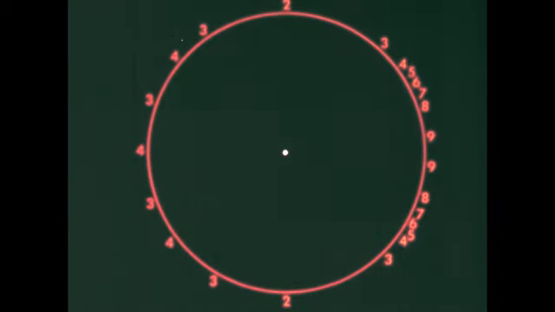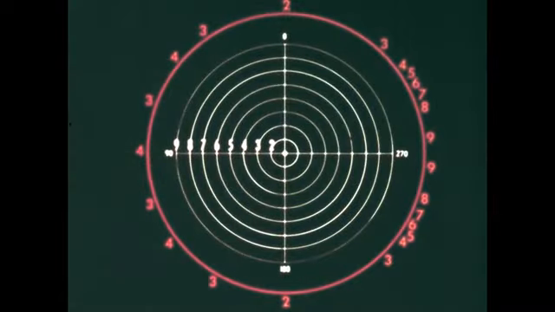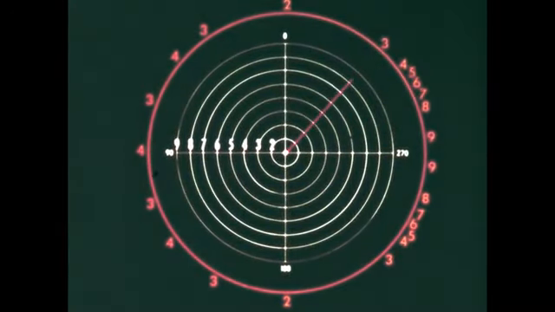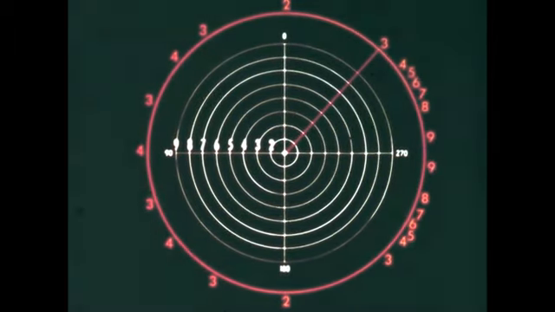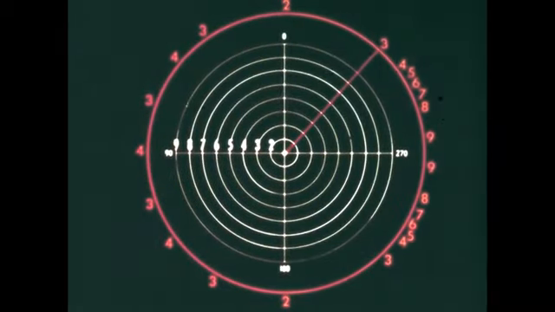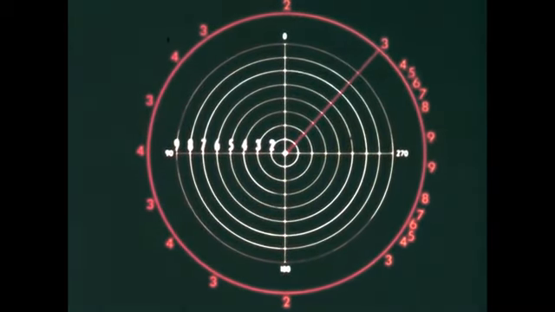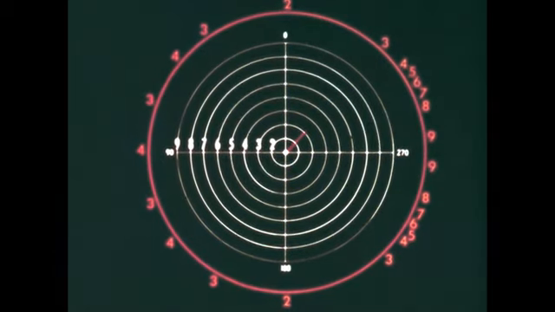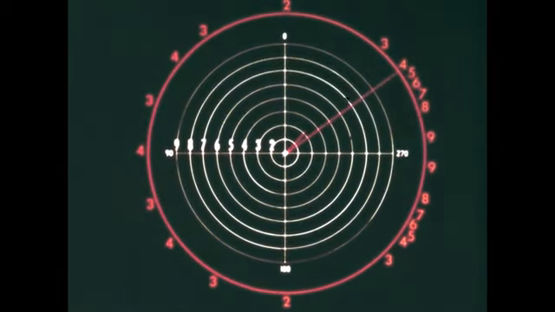To plot this, we use a scale of circles. Along this line, the field strength on the selected radius is 3. So we cut the line at the circle representing strength 3. Along this line, the field strength is 4. So it is cut at the strength 4 circle.